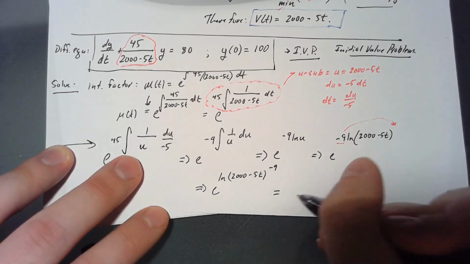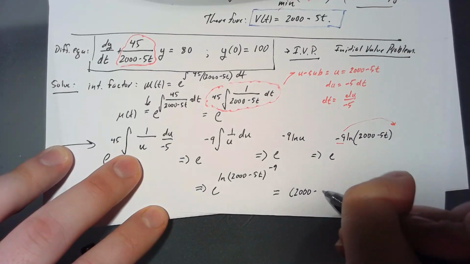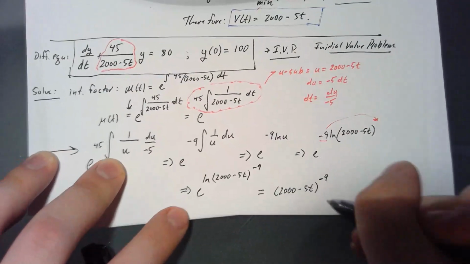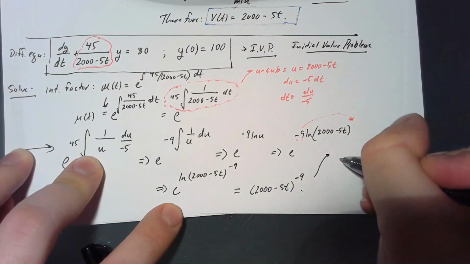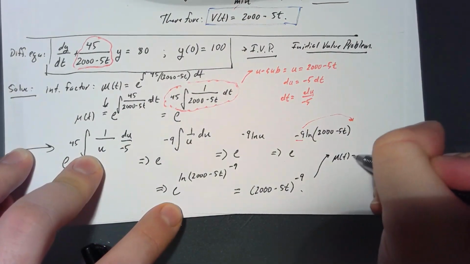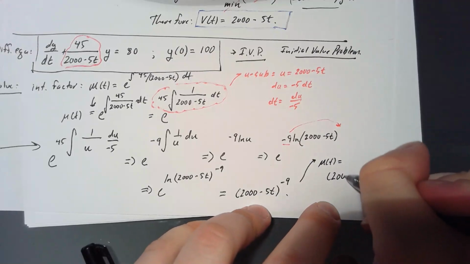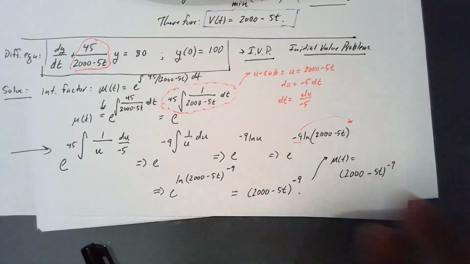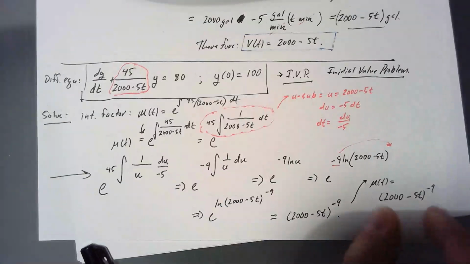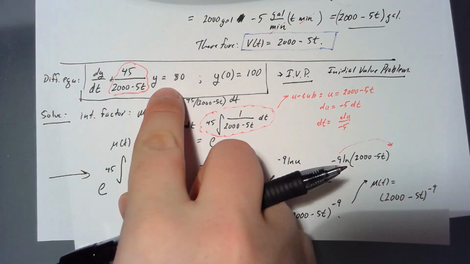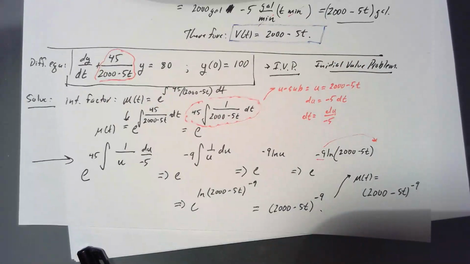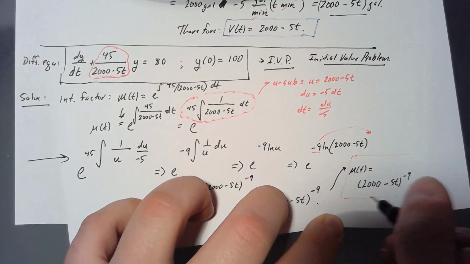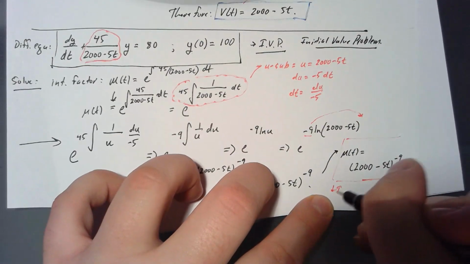So I'm just left with the quantity 2000 minus 5t to the -9th power. That right there is my integrating factor. That's what mu of t is equal to. I'm not done yet. That's just my integrating factor. That's what I'm going to use to multiply both sides of this differential equation by. I know, these problems are fun.